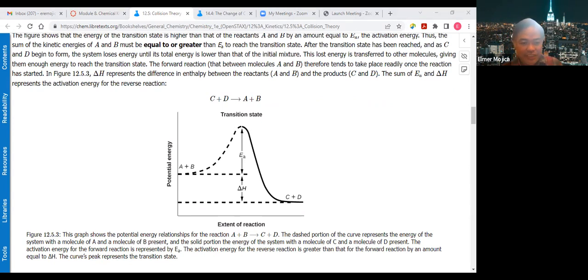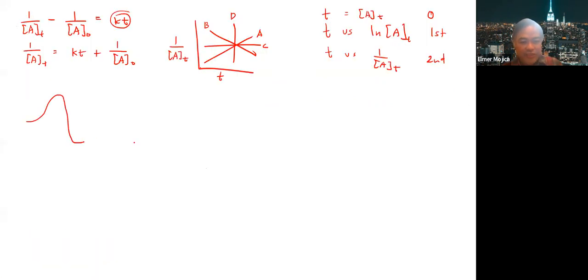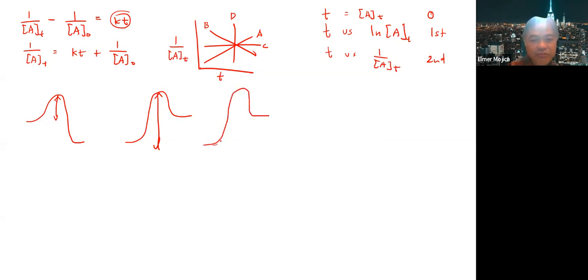Let's say we have it like this, right? Now, if you reverse it, the activation energy is this whole thing. Now, the presence of a catalyst will give you an alternative pathway wherein the activation energy is much lower. Kaya mas faster siya.